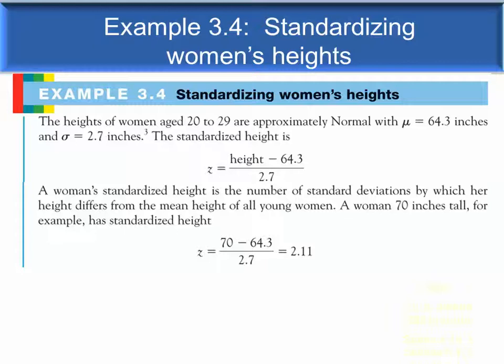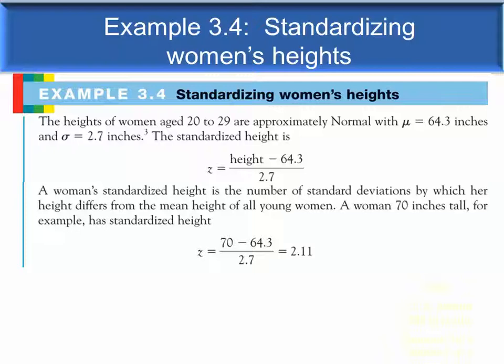One thing I want to note when you're doing this on your calculator: you either need to use two steps or use parentheses. If you just typed 70 minus 64.3 divided by 2.7, remember, in order of operations, the division would happen before the subtraction. So if you typed it all in one row with no parentheses, the calculator would first do 64.3 divided by 2.7 and then subtract that from 70, which we don't want.